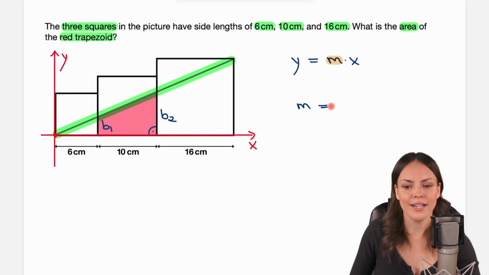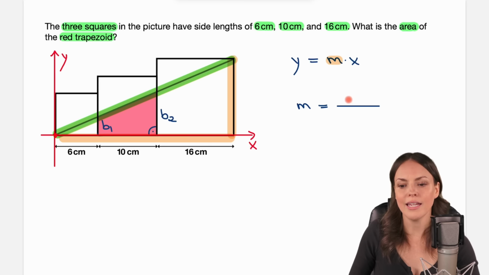And how can I find the slope of my line? I have to take a look at a triangle where my line is part of the triangle. So for example, if I take this big triangle here, I only have to know the length of this side and the length of this side to find the slope, because the slope is defined as rise over run.